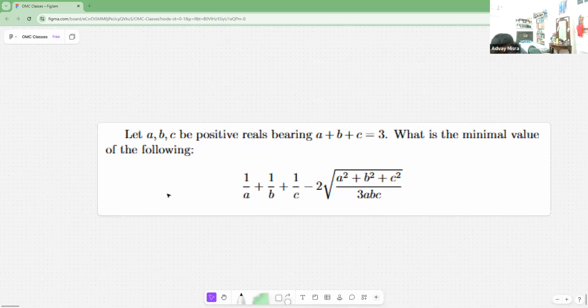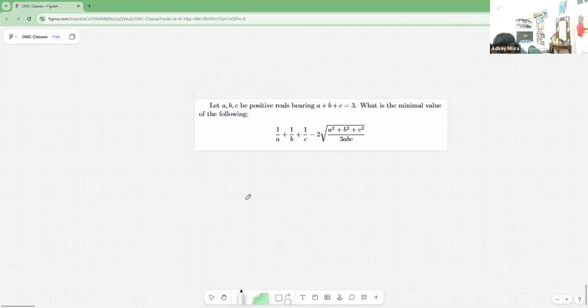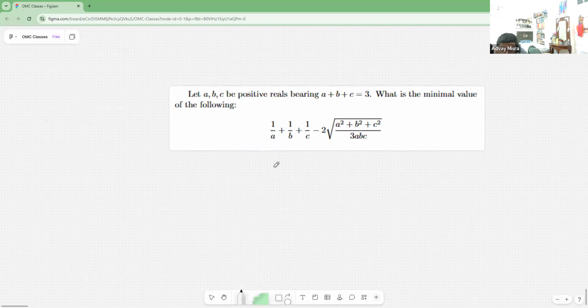Okay. Yeah, so the first thing to do here is to just homogenize the inequality.